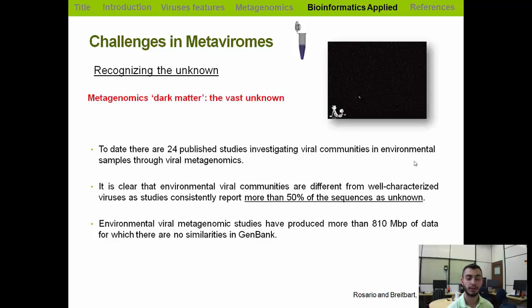We have almost 2,000 viral genomes in GenBank, but the ones that we are discovering now are really, really different. And this remains a dark matter. We have something like 810 megabases of data with no similarity hits to GenBank. It's a lot.